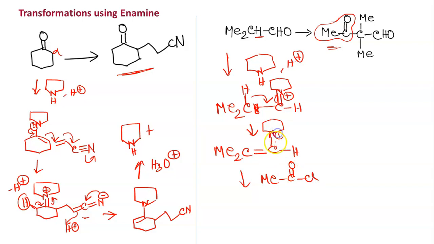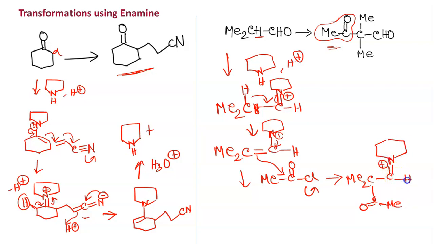Now the lone pair over nitrogen will be moved, and Cl will be removed. So what are we getting? Me2C COCH3 double bond N. Now nitrogen is positively charged, H, and Cl minus counter.